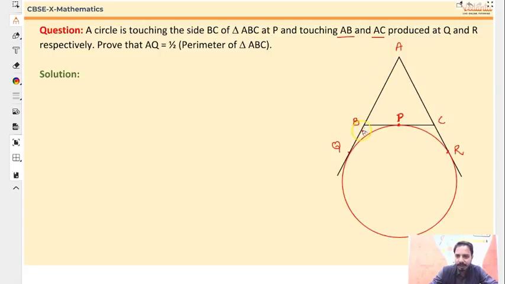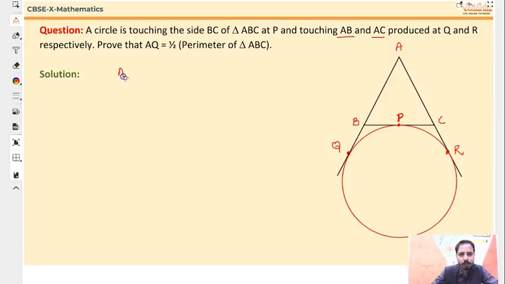That means I have to extend this side, and when I extend, it touches the circle at point Q, and on this side it touches at R. Now they are saying prove that this length AQ is half of the perimeter of the triangle ABC. So try to prove it, guys.